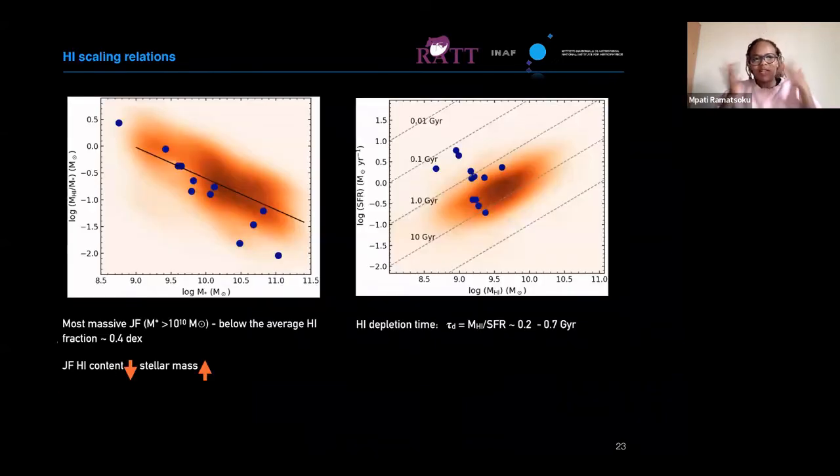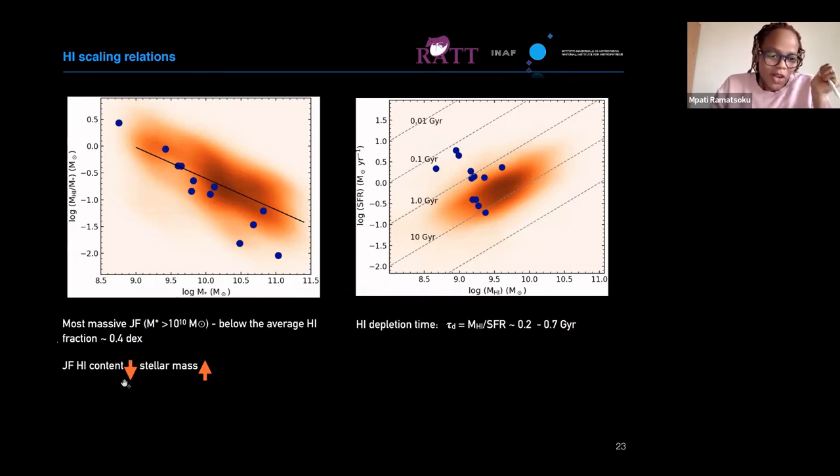And so we did just a quick look at where most of these galaxies lie. Once again, I'm showing the control sample, which is from xGASS in orange. And this is the scaling relation from, I think, Brown. And what we see is that, once again, all of the long-tailed galaxies lie below the scaling relation. So they are H1 deficient. They're about 0.4 dex below it.